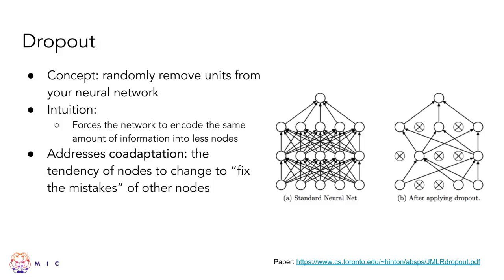We want all of our nodes to function as well as they can individually. We don't want them to only be effective in groups or in clumps. We want each one to encode valuable data. We want each one to look for the more general patterns in our data set. That's why.